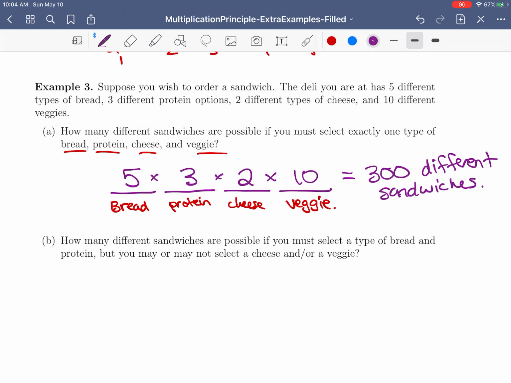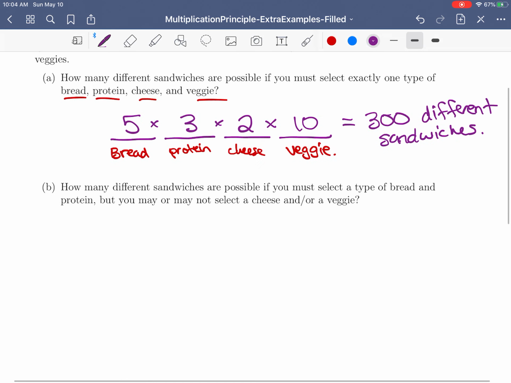Okay, now slightly different. How many different sandwiches are possible if you have to pick a bread and a protein, but you don't need to have cheese and or veggie? So maybe you want your sandwich to just be bread and some sort of meat or protein option. So you don't need to pick a cheese or a veggie.